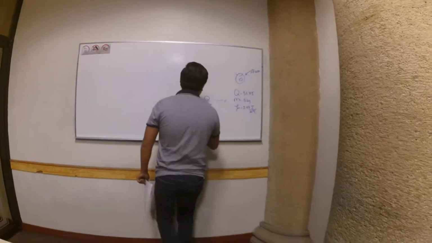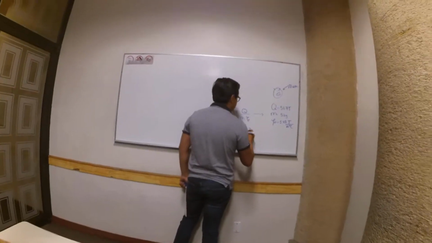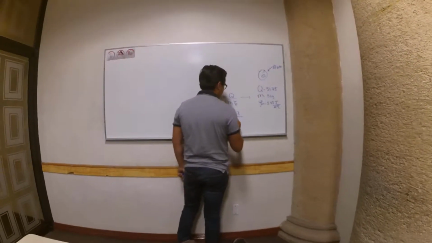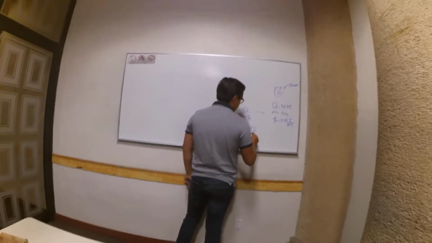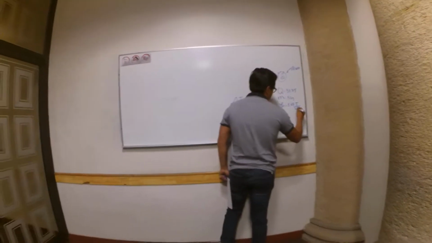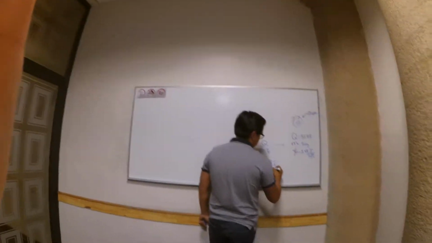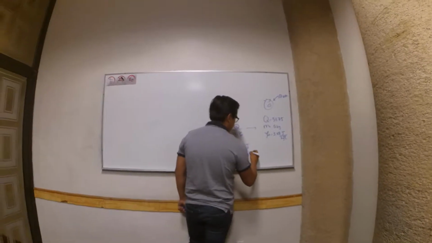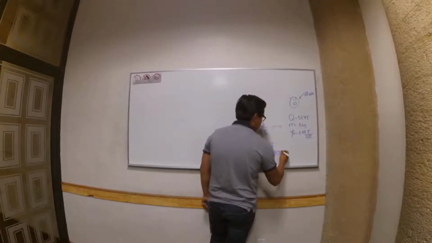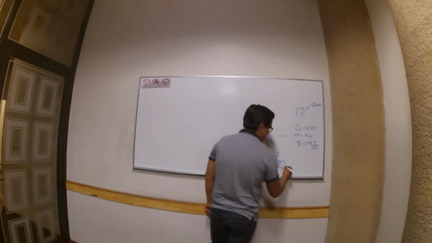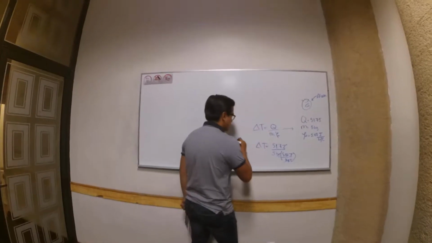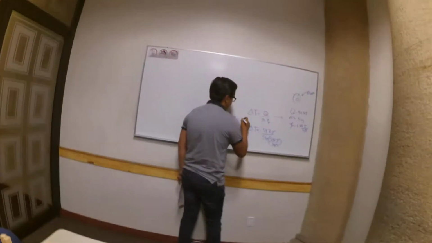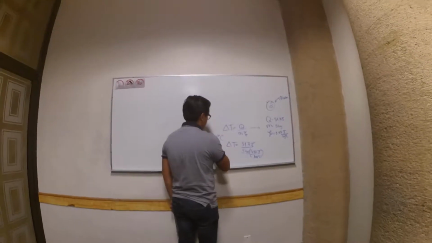So we need to substitute here. The change in temperature is going to be given by the heat, which is 51.7, over the mass, which is 5 kilograms, times 5.47 joules over kilograms over C. The joules and the joules are going to cancel, kilograms and kilograms, and delta T is going to be given in degrees Celsius.